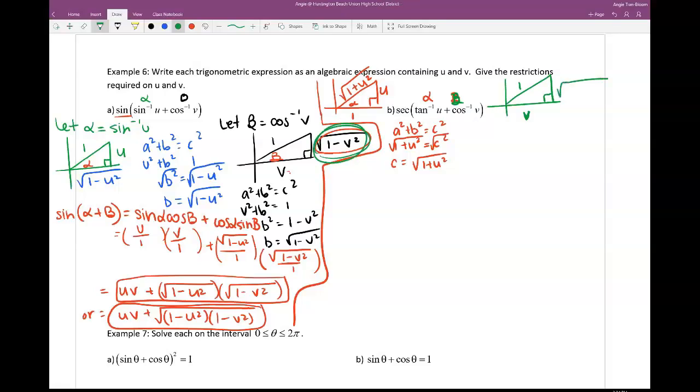So I know, based on my basic math over here, this is now 1 minus v squared for the opposite leg. So I'm dealing with secant, so I'm going to start with secant of alpha plus beta. But Mrs. Tran-Bloom, you never gave us any identity for secant. What the heck, hey?